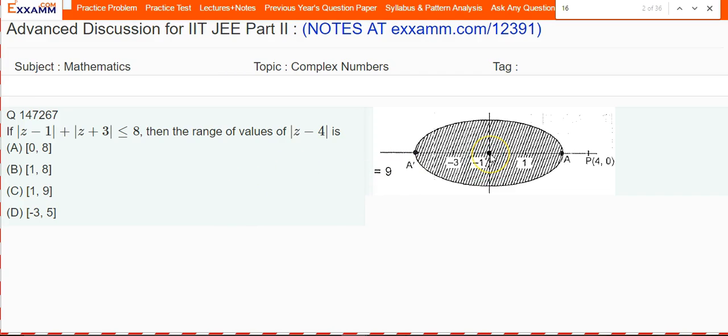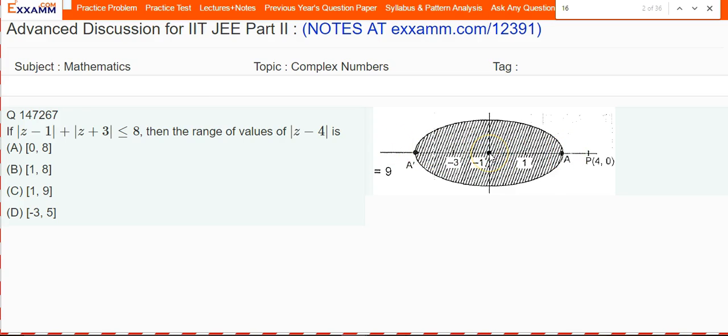Now what would be the center of this ellipse? Since the foci are minus 3 and 1, the center is the midpoint of these two, so it would be minus 3 plus 1, that is minus 2, divided by 2, that is equal to minus 1. So now we have the center, and we know that this distance is 4 and this distance is 4.